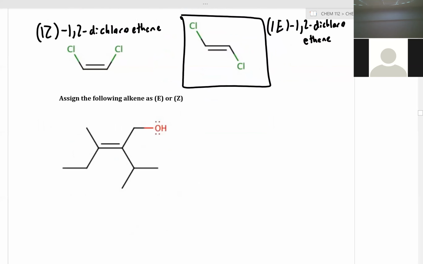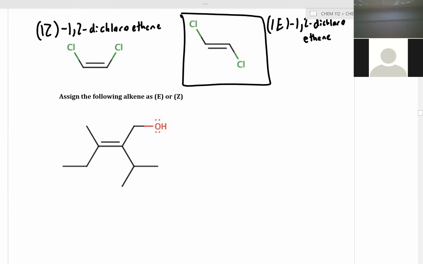So what I'd like you now to do is look at the following alkene and tell me whether it's E or Z. You do not have to name this one. We haven't covered the rules for naming this alkene just yet. But I want you to handle a more tricky example where you have to differentiate between an E and a Z alkene.